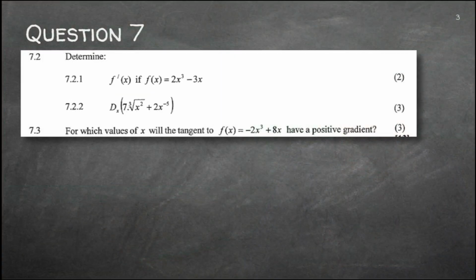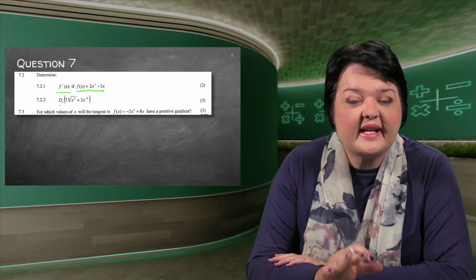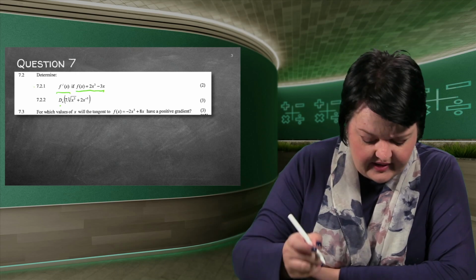For 7.2.1, first derivative, they give me the function like this, as well as the dx. Now remember, these questions are not with first principles. We can use the short rule with the exponential laws.